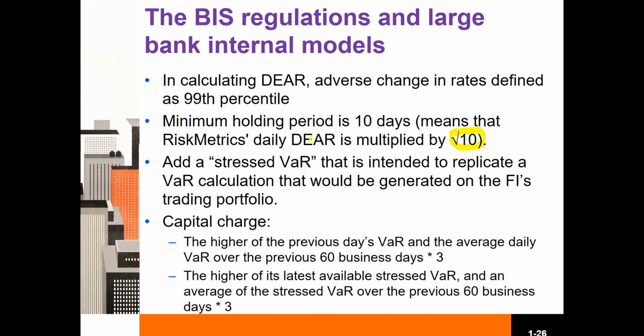So the capital charge will be VAR multiplied by the square root of 10 multiplied by 3, which gives an estimate of the capital requirement they are supposed to have. For example, if VAR is 10 million, multiplied by the square root of 10 and by 3, it is 94.87 million. It means that a financial institution with a $10 million VAR should have that much capital charge to face the risk associated with this level of VAR.